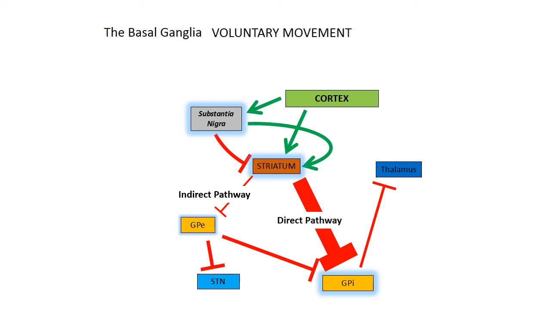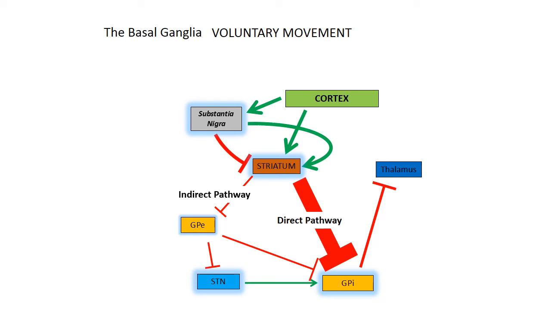Because it's less active, there's less inhibition of the subthalamic nucleus, leading to some excitation of the internal globus pallidus. At the same time, the decreased activity from the external globus pallidus means we have less inhibition of the internal globus pallidus. So let's sum together these inputs to the internal globus pallidus.